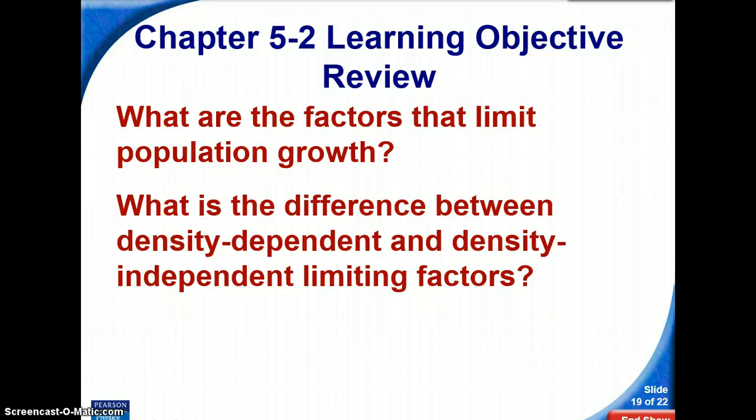Examples are competition and predation. The density independent limiting factors will affect populations in similar ways regardless of size. Examples of those are weather, natural disasters, and certain human conditions that can affect as well.